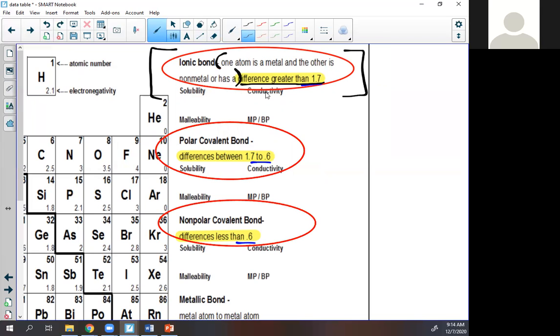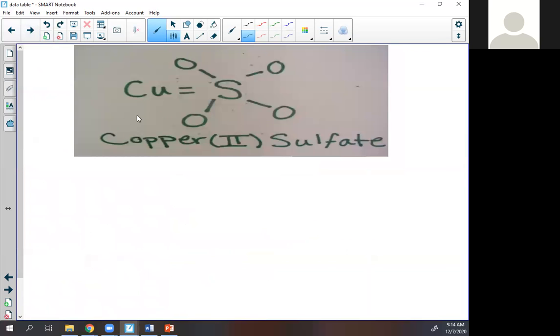It says one atom is a metal and the other one is a non-metal. So anytime we have a metal non-metal combination, even if the math is different, we're going to say it is an ionic compound. So copper 2 sulfate, we would say it is ionic.